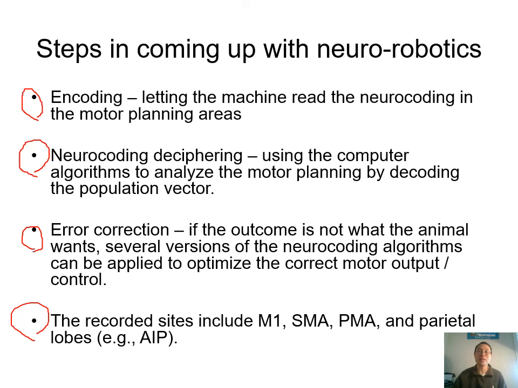So it can use these neural robotic steps to have an accurate representation of what the machine is reading from the cerebral cortex versus the desired output that they want.